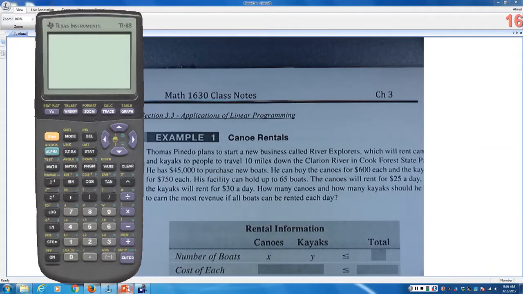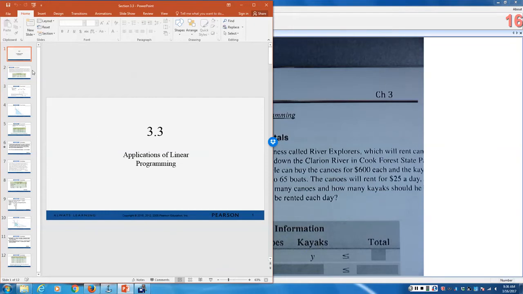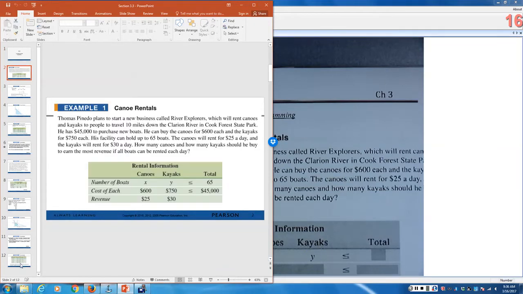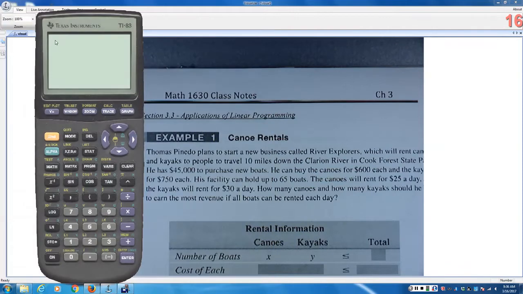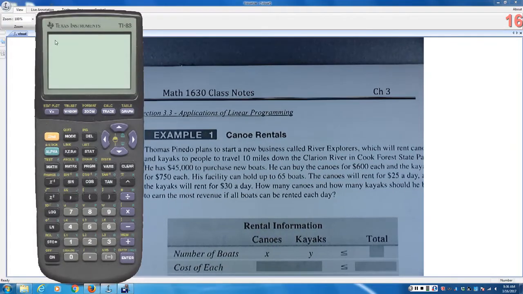And even though I brought up the PowerPoint, I don't know that we need it because it just works through those 2 problems. And rather than deal with the PowerPoint, I think we'll just go ahead and do these problems from scratch by hand, one at a time, so that y'all can keep up better.